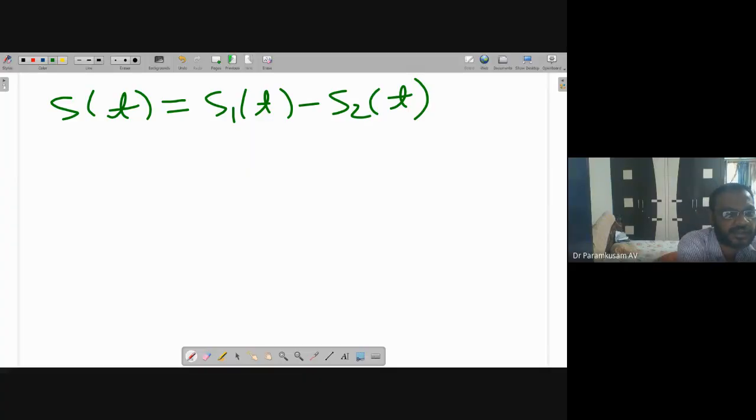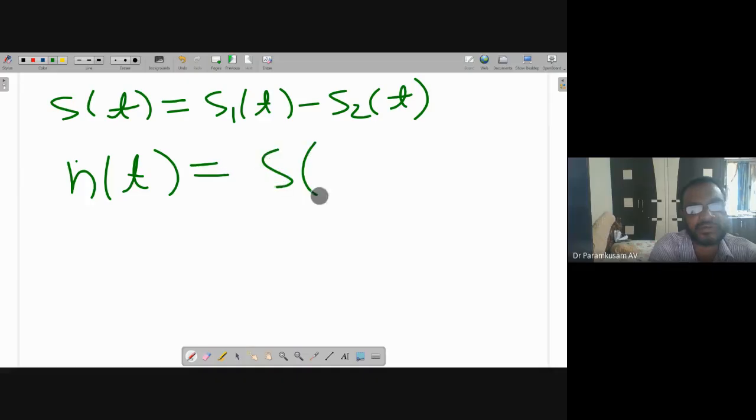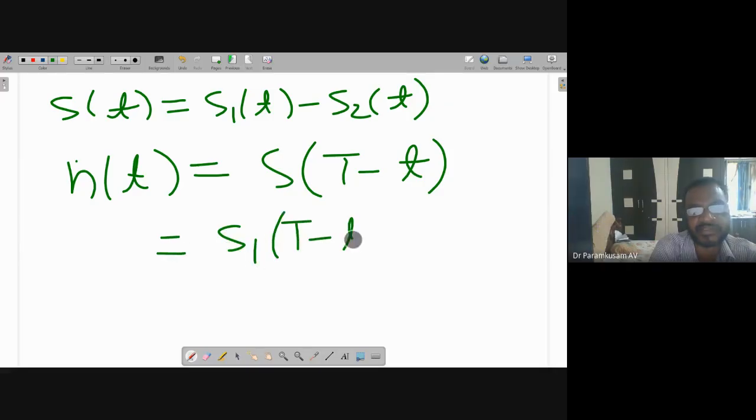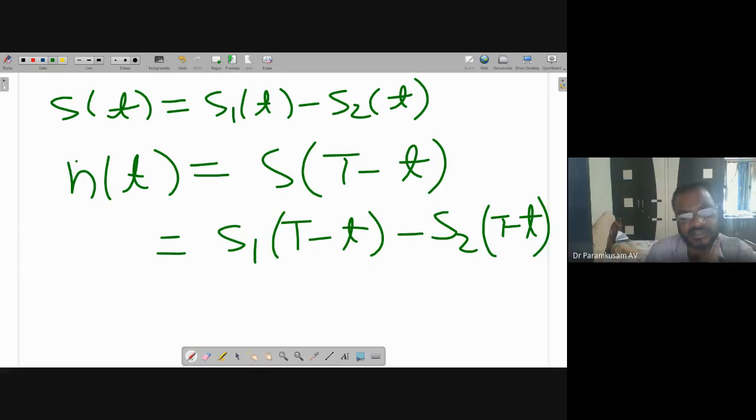Then the unit impulse response of the matched filter, h of t, is equal to s of capital T minus t. So this is equal to s1 of capital T minus t minus s2 of capital T minus t.